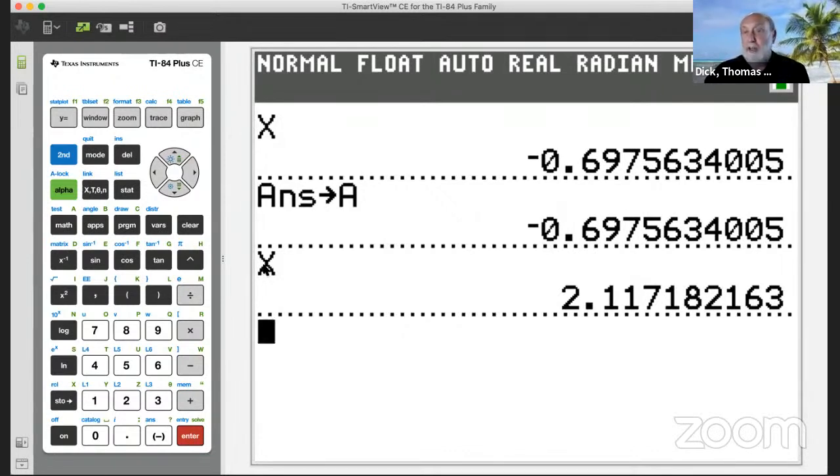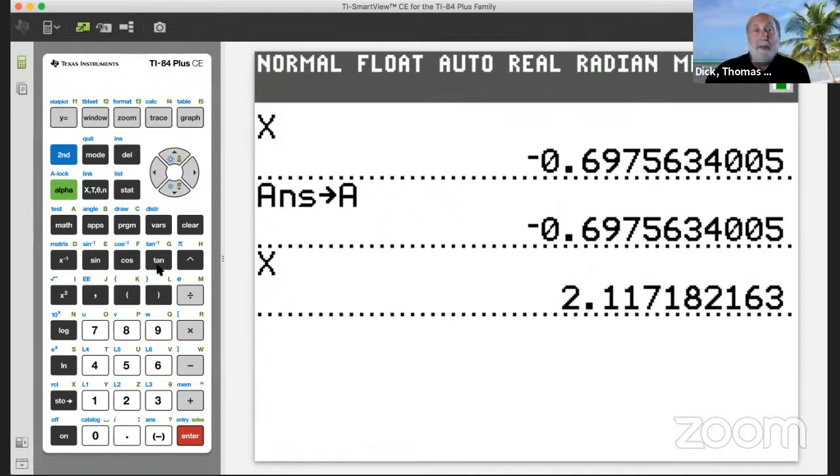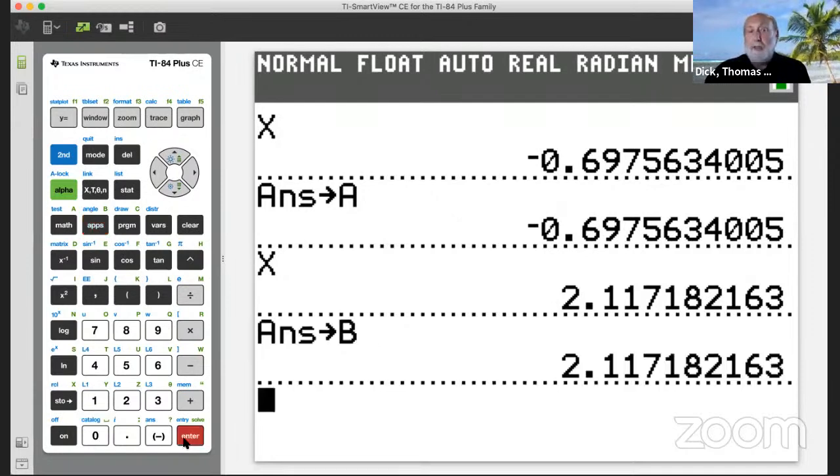You can see we've got, gosh, 8 or 9 decimal places. And I'm going to store that in alpha B. Now, A and B are just placeholders for those 2 numbers with all the accuracy the calculator was able to muster. And so when I want to find the area of that region, I want to do an integral.